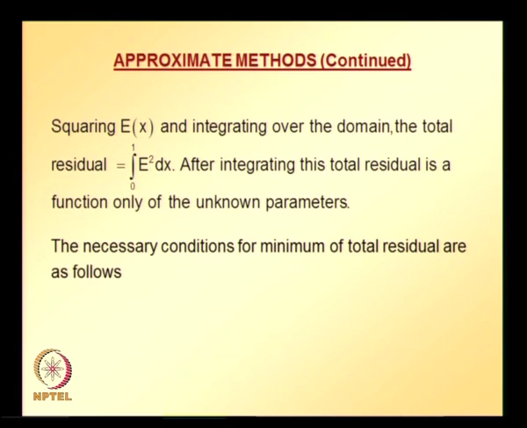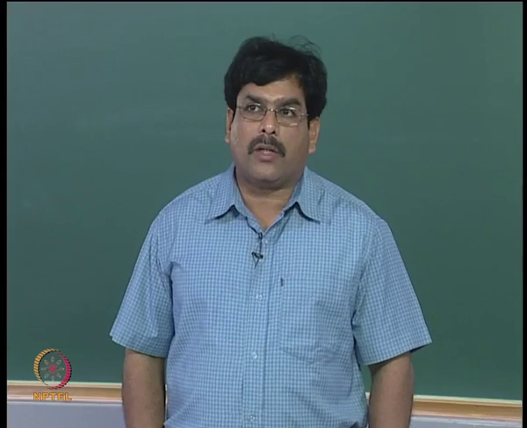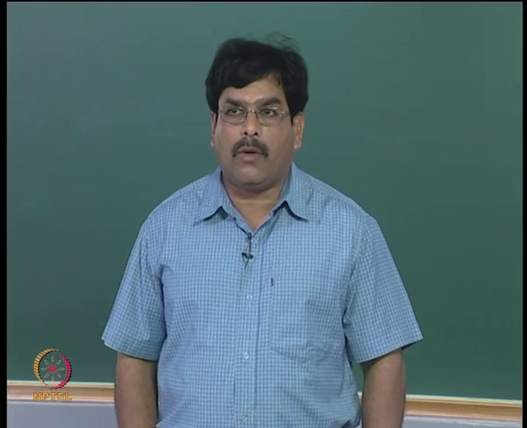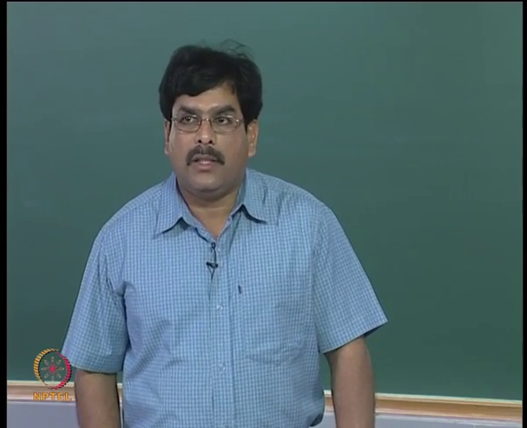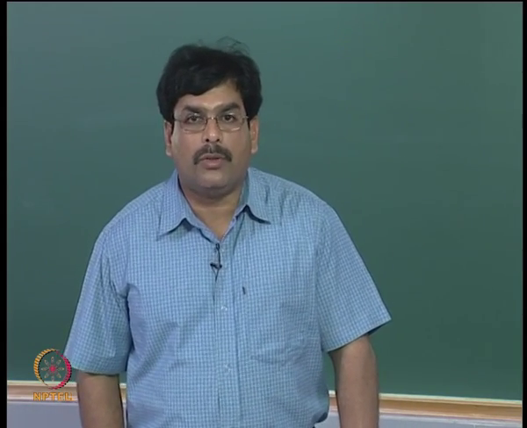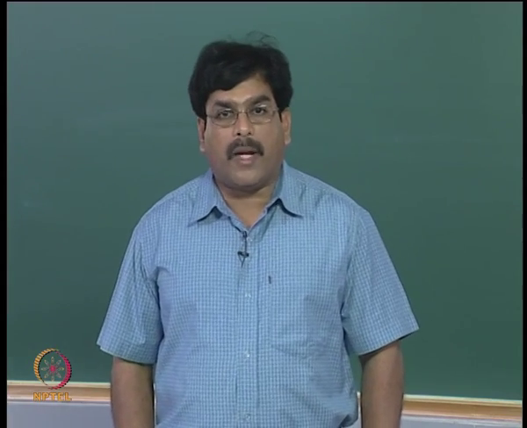at this stage recall that if a function f which is a function of x is given to you, and if you are asked to find what value of x makes this function minimum, the first thing that you are going to do is take the first derivative of f with respect to x, equate it to 0, and solve for x, and that value of x gives you a minimum or maximum.